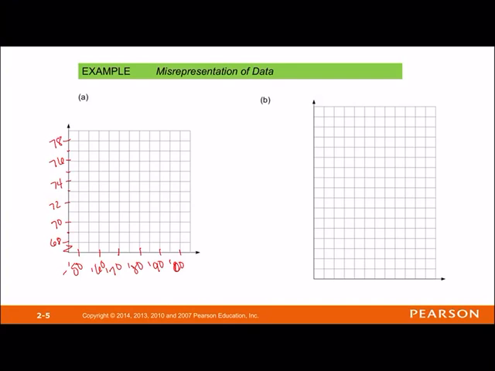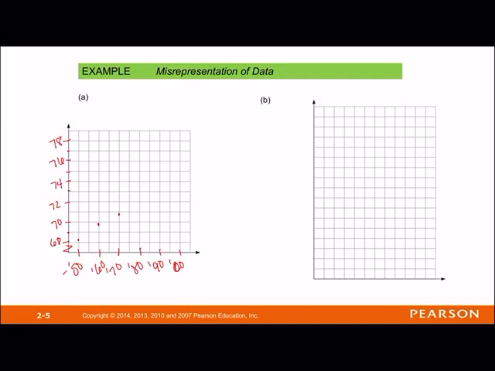Okay. So now all we're going to do is plot points here. And again, see what happens. So in 1950, you had a life expectancy of 68.2. So that would be approximately right there. And then in 1960, it was 69.7. So almost 70. In 1970, 70.8.